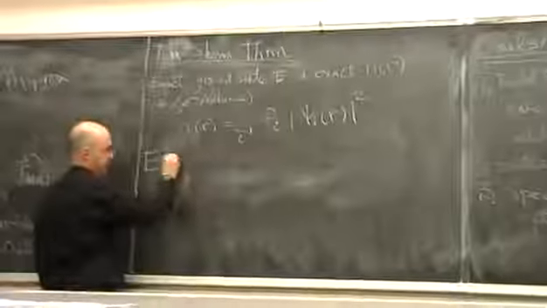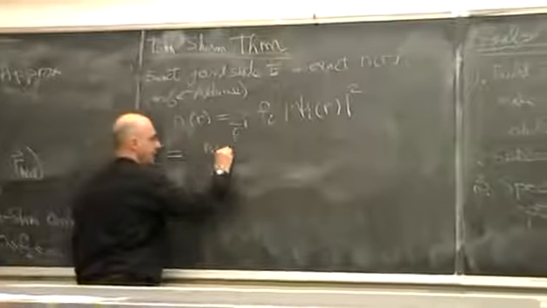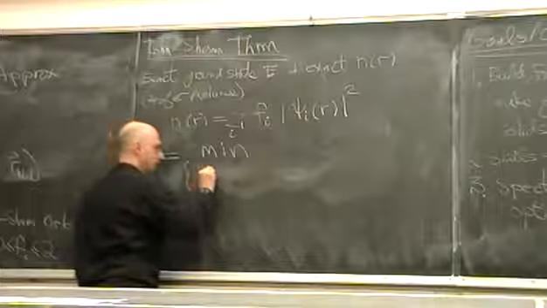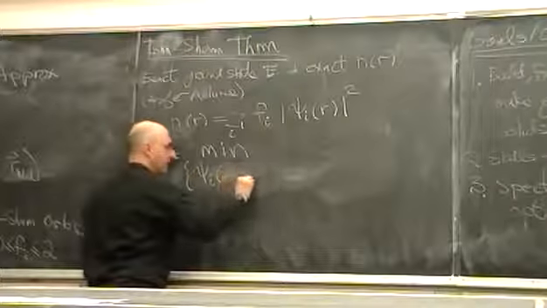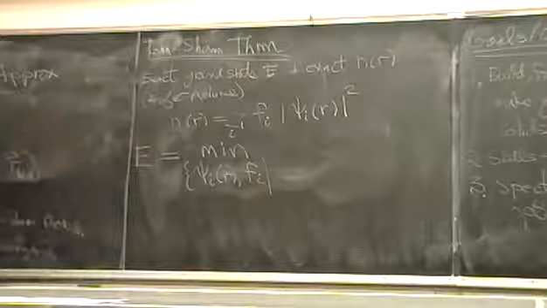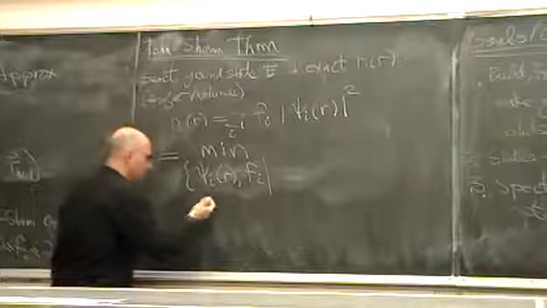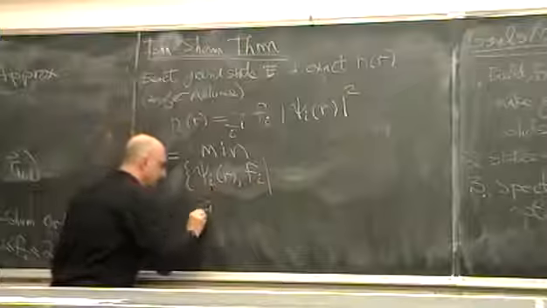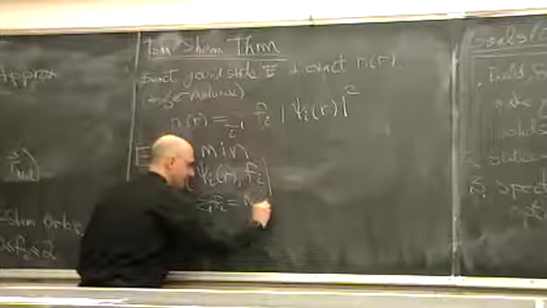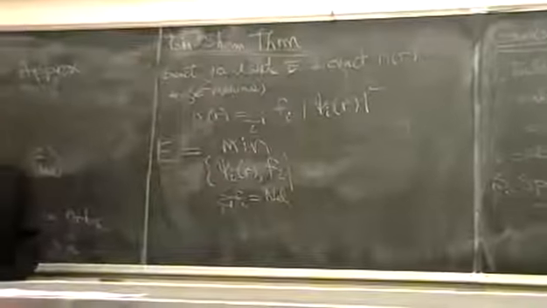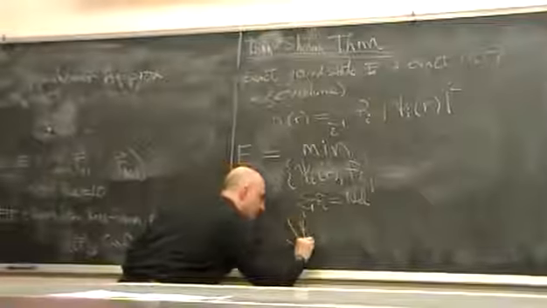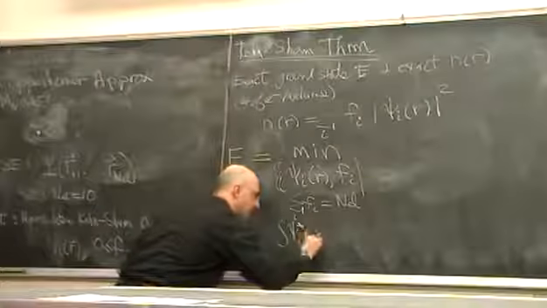So I can get those, provided I construct the density this way, and then I follow the following procedure. I'm going to calculate this energy by minimizing over all possible collections of these wave functions and occupancies, such that certain straightforward constraints are obeyed, in particular that the sum of these occupancies had better add up to the number of electrons in my problem, of course, and also that these orbitals form your standard sort of nice orthonormal set.